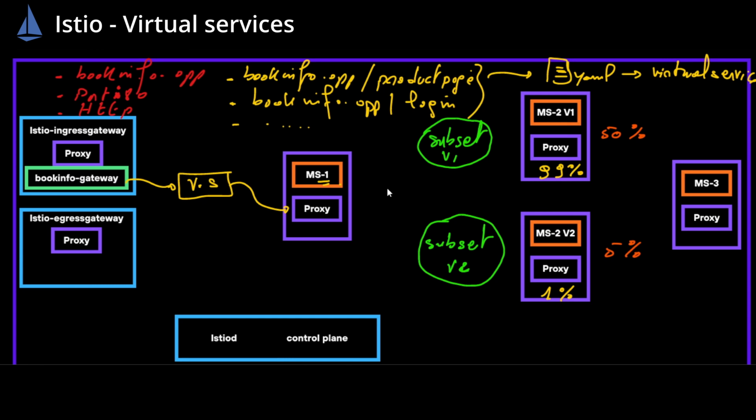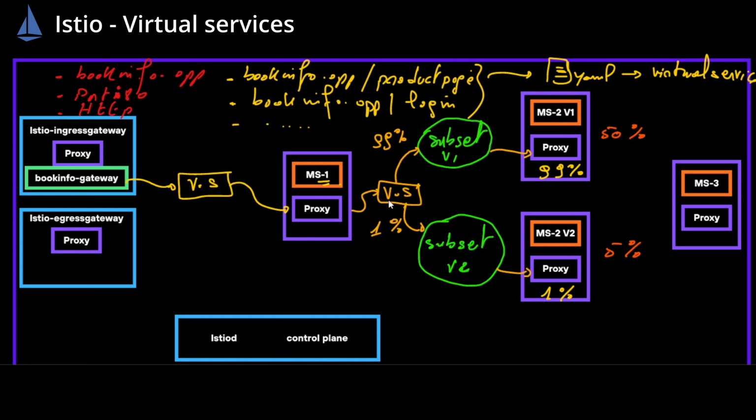And then we create a virtual service to split the traffic between the 2 subsets. So we want to send 99% of the traffic to subset V1 and only 1% to subset V2.